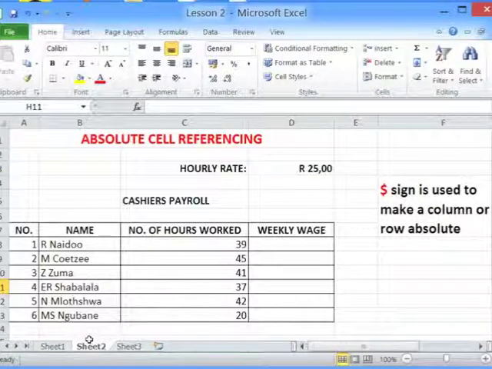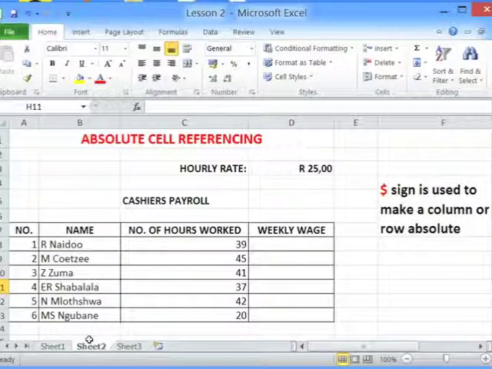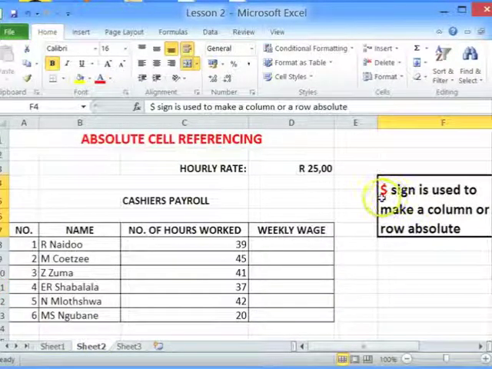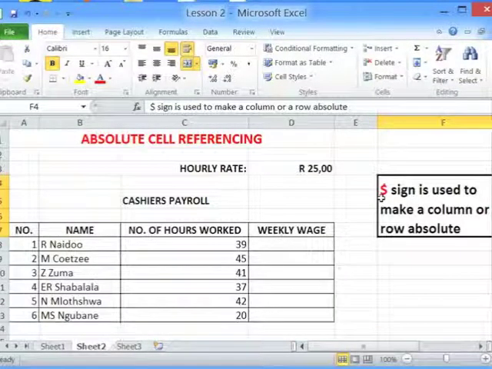To make a cell reference absolute, we use a $ before the column letter or the row number. So once again, just to reiterate, we use the $ to make a column and a row absolute. The $ must come before the column that you want to make absolute, and it must come before the row that you want to make absolute.